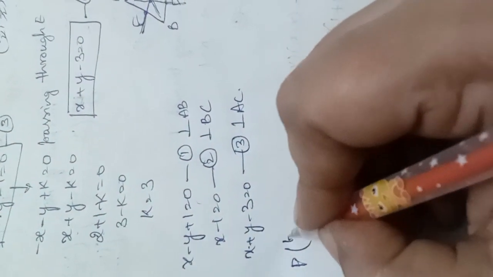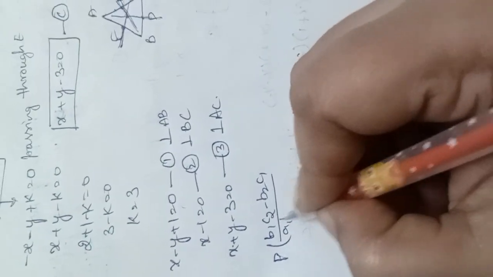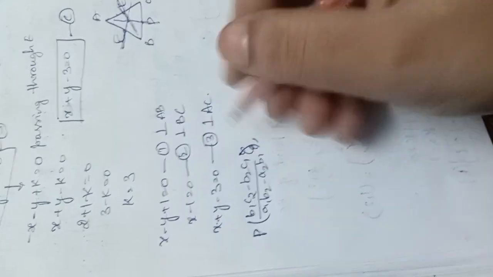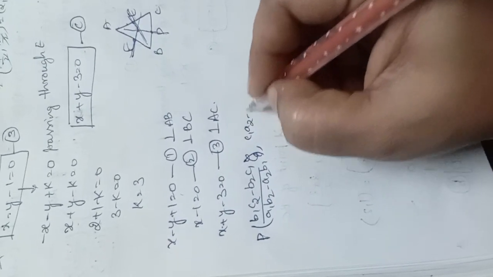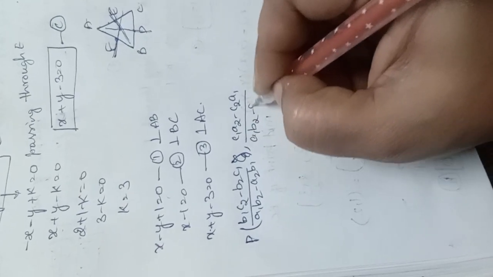P of (B1 C2 minus B2 C1)/(A1 B2 minus A2 B1), comma (C1 A2 minus C2 A1)/(A1 B2 minus A2 B1).